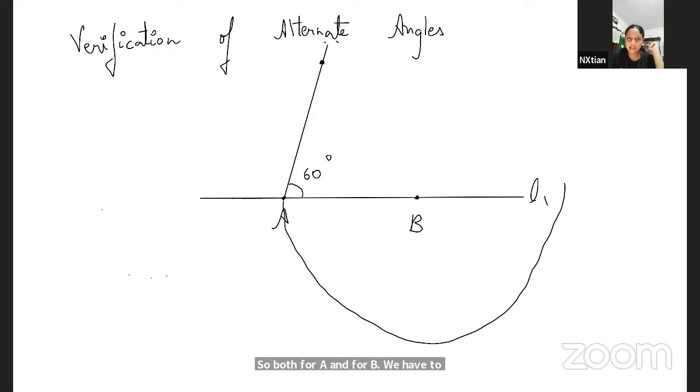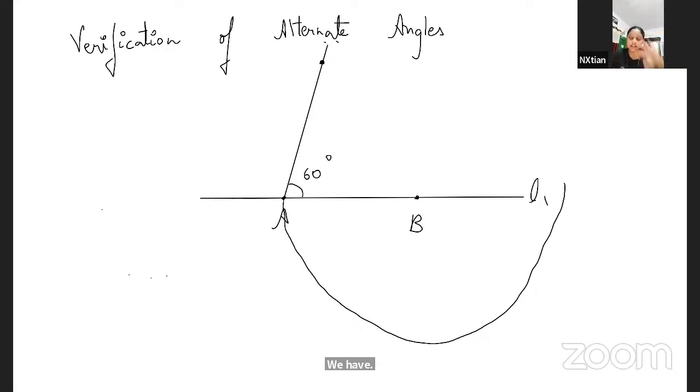Yes, for A and for B both we will draw 60 degrees. But for A it will be above the line. For B it will be below the line. B has to be at the center of the protractor.